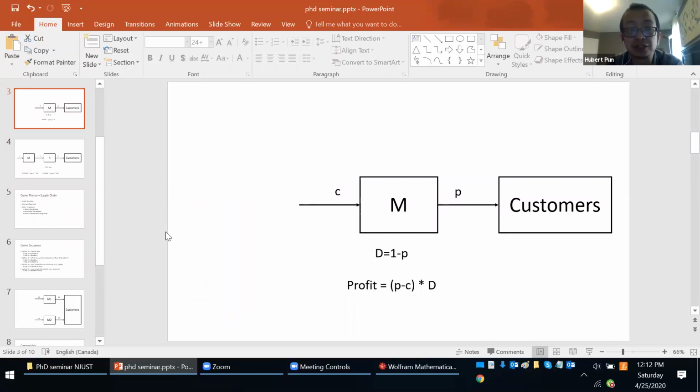In that exercise, production cost equal to 0, then the price would be 0.5. Demand equals 0.5, and the manufacturer's profit is 0.25. So 1/2 multiplied by 1/2 equals 1/4, which is 0.25.